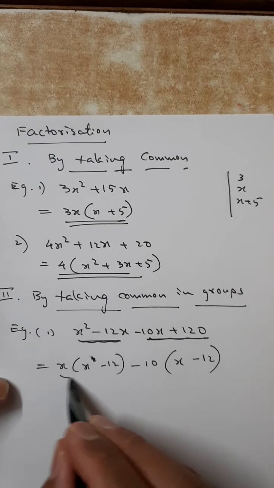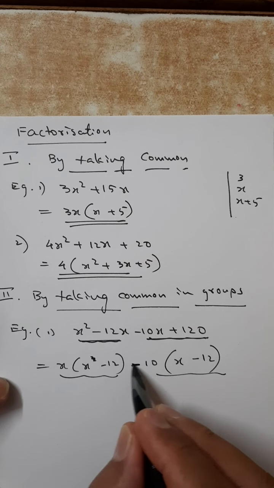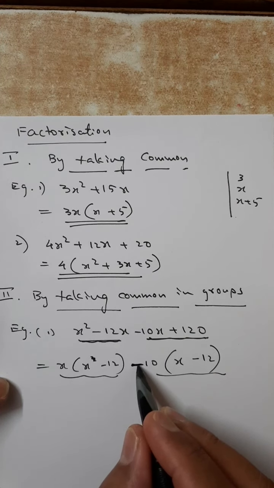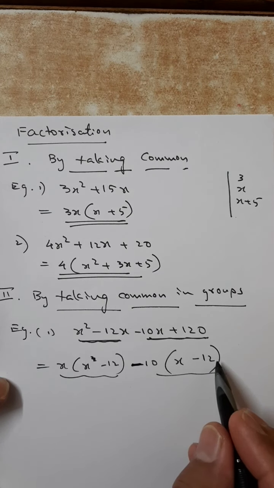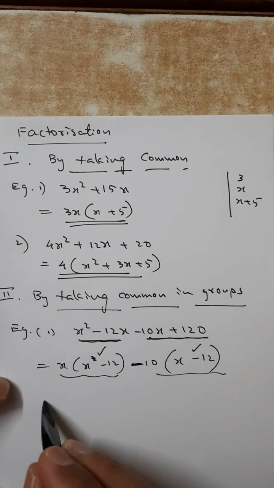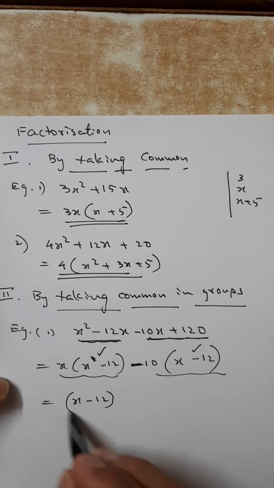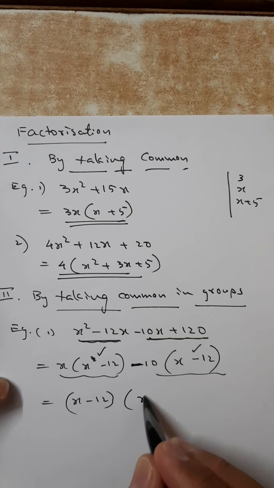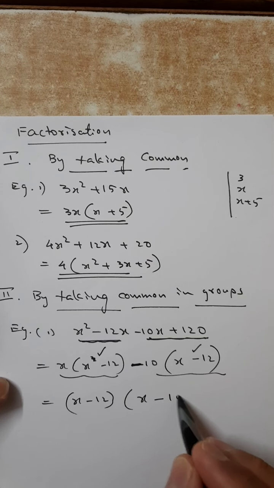Again we can see something common here and here. Two things now, the left side of this minus and the right side of the minus. What is common? x minus 12. Here also x minus 12. x minus 12 outside. Here the balance is x. Here the balance is minus 10.